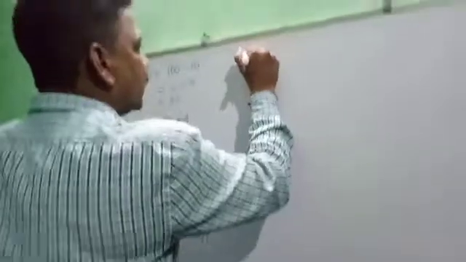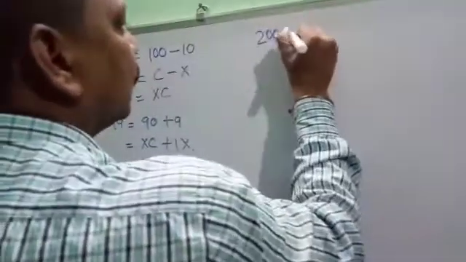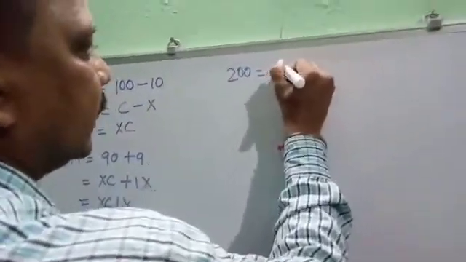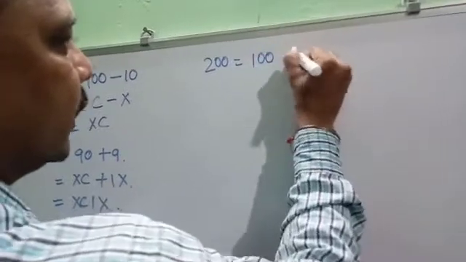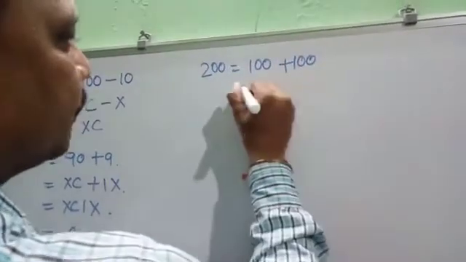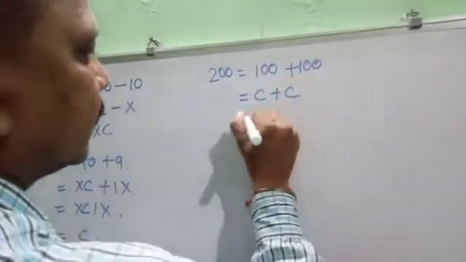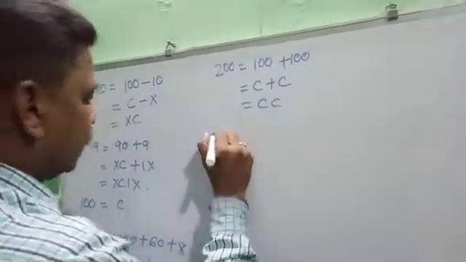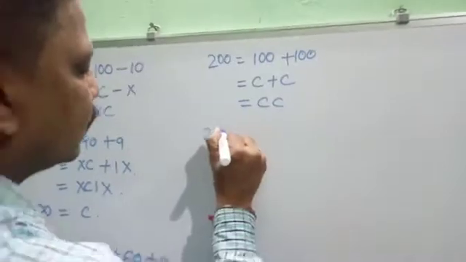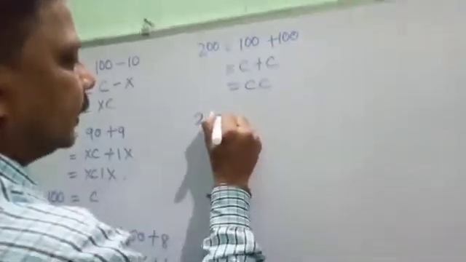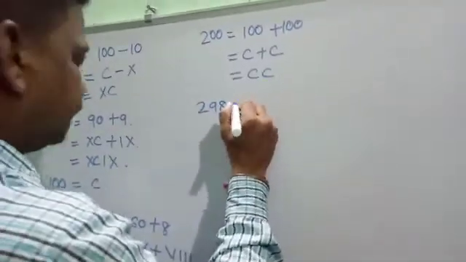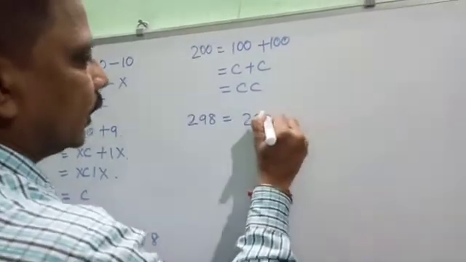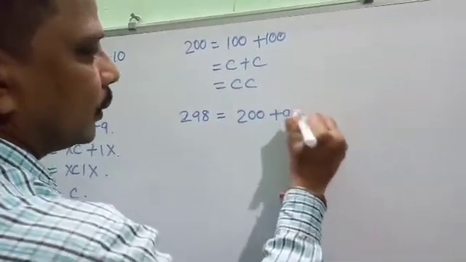For 200, we can use C 2 times. 100 plus 100. C plus C means double C. We can write 298, which means 200 plus 90 plus 8.